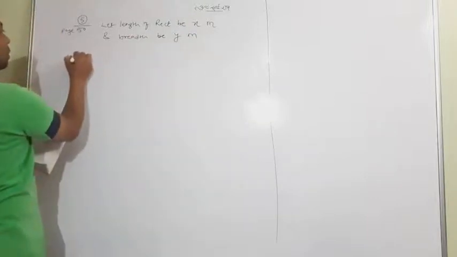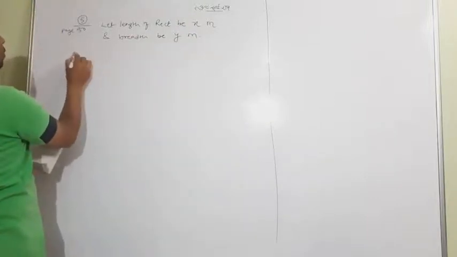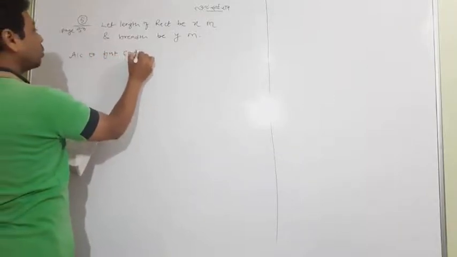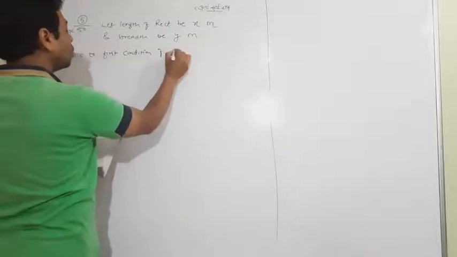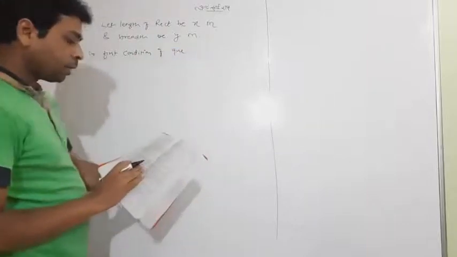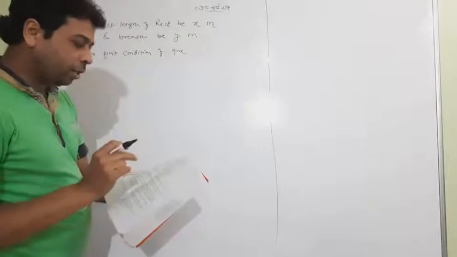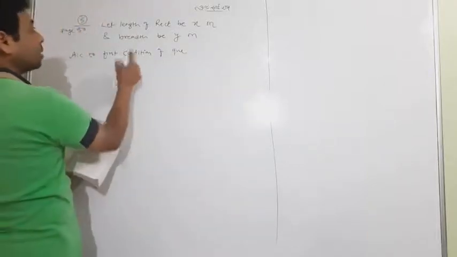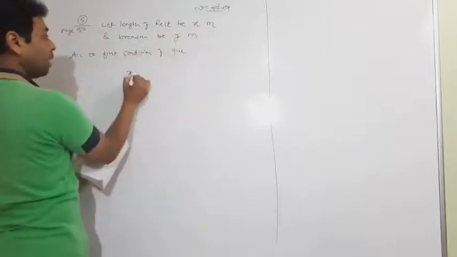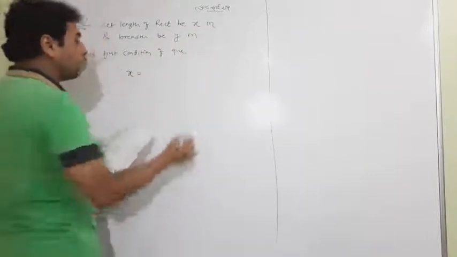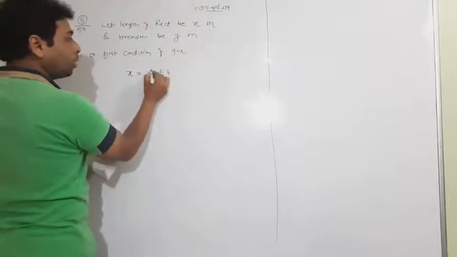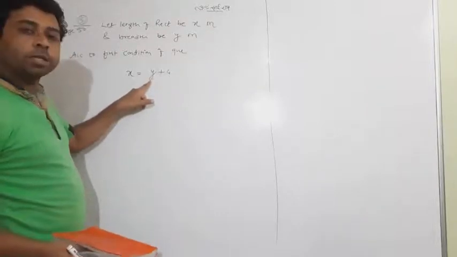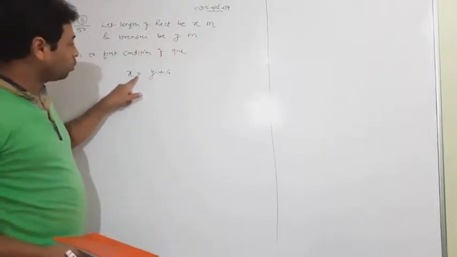So first, according to the first condition of the question, what will you write? In the middle it is written, whose length is 4 meter more than its width. Which is length? X. Length is 4 meter more than its width. So x is equal to y plus 4.